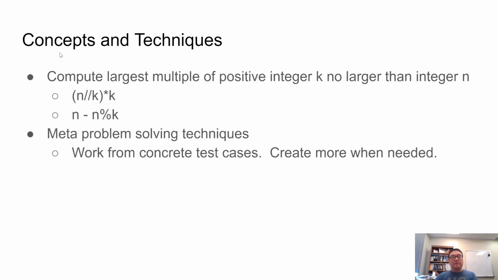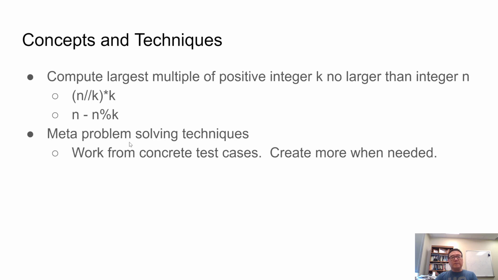So to recap for this problem, I guess the main concept, this kind of minor programming idiom, is computing a multiple of k that is around integer n. So basically integer division by k times k. And the equivalent way is n minus n mod k. So this will do exactly the same thing as before.